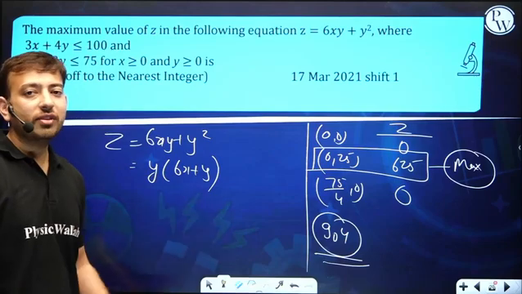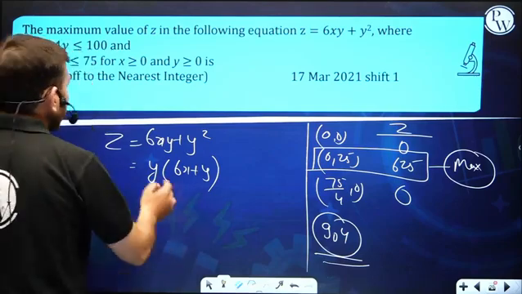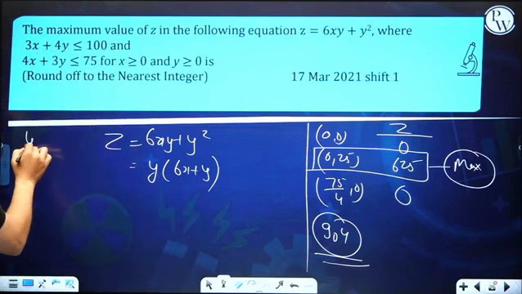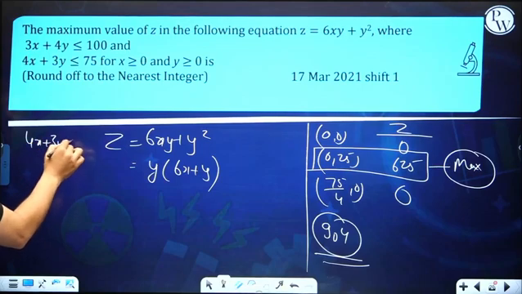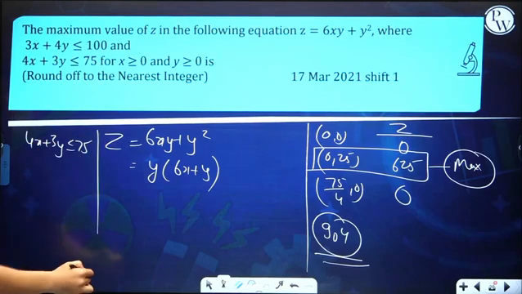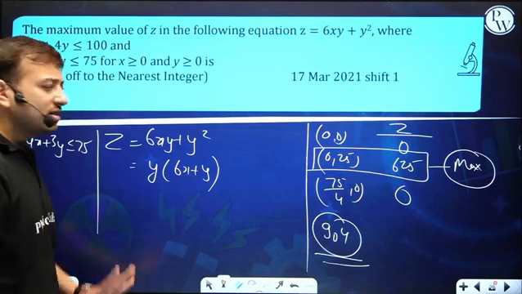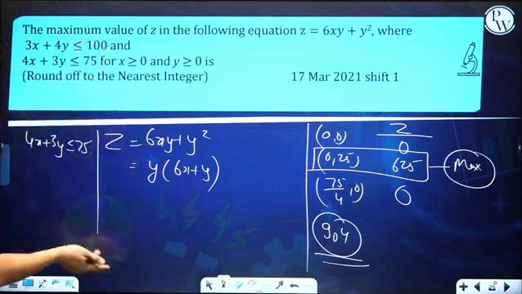How will this answer come? From this, sir, we came to know that 4x plus 3y is the only line giving us the solution; the other line is of no use.